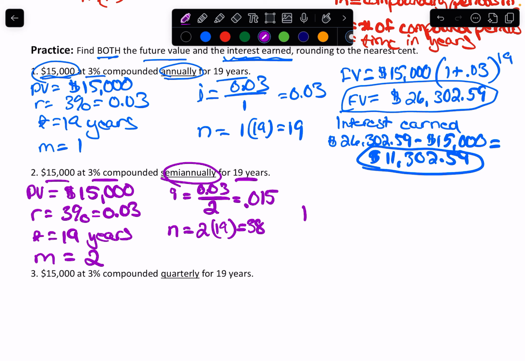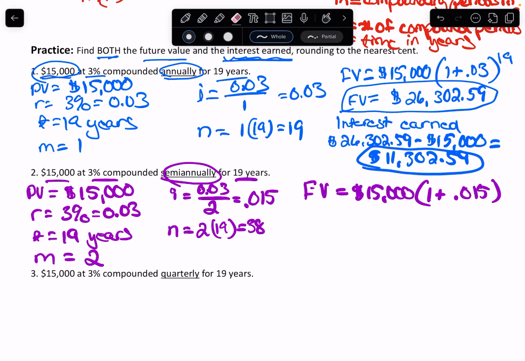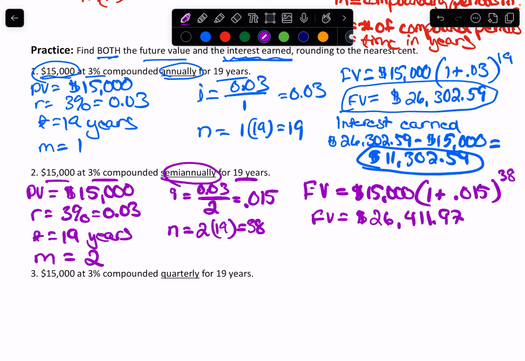Okay, hold on, let me put it up here. Our future value is going to be 15,000 times 1 plus 0.015 to the power of our n, which is 38. Oops, I guess I looked away just as I was writing it. And so our future value is going to be $26,411.97.